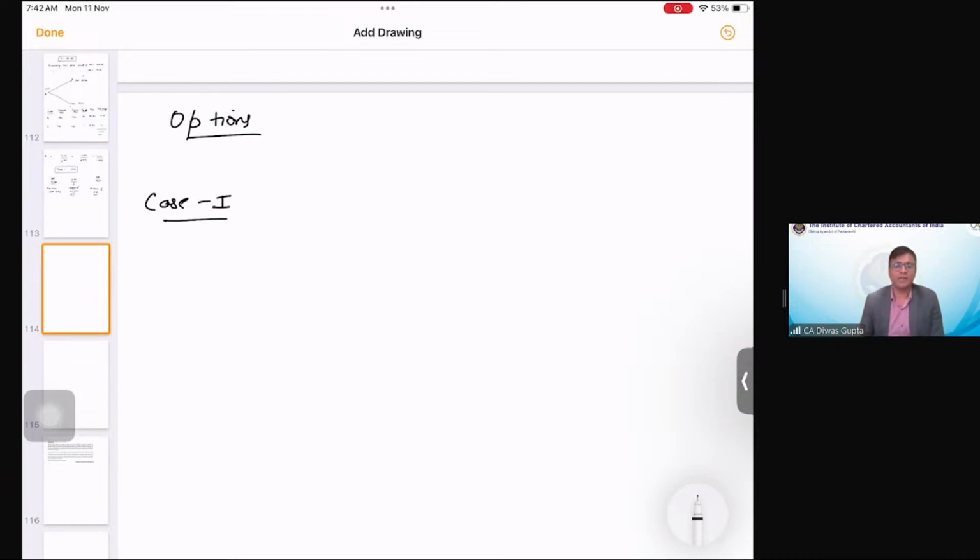So case one. I will put four different cases, students, okay, and we will be using those four different cases in some or the other situations. So the case one is long call option.